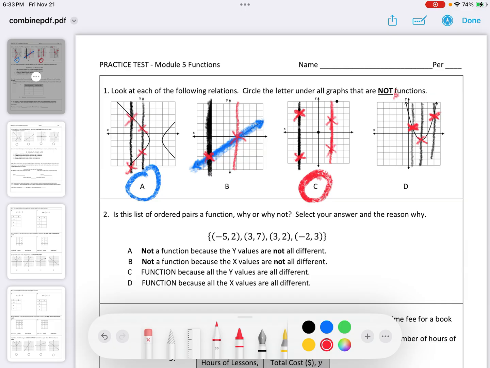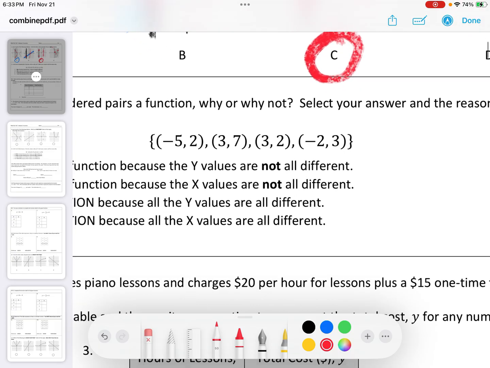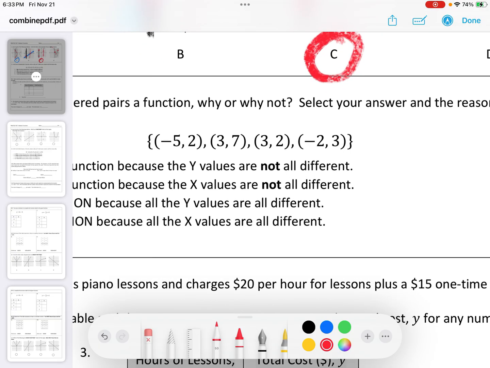Okay, is this ordered pairs a function or not? All right, so we're going to look at the x's. And I told you over and over again, the easiest way to do this is graph it. But some of you found a shortcut when you were doing Excel that if you have multiple x's and different y's, then it's not a function.